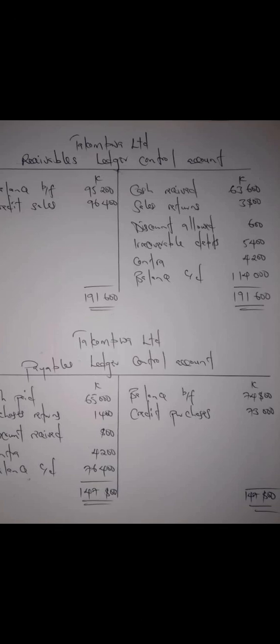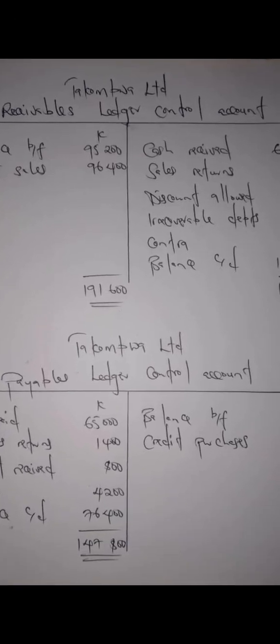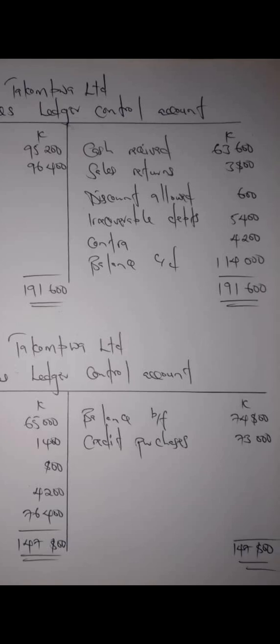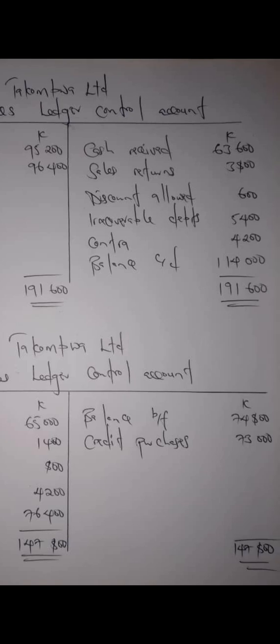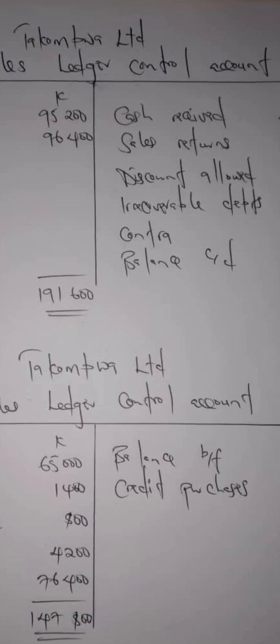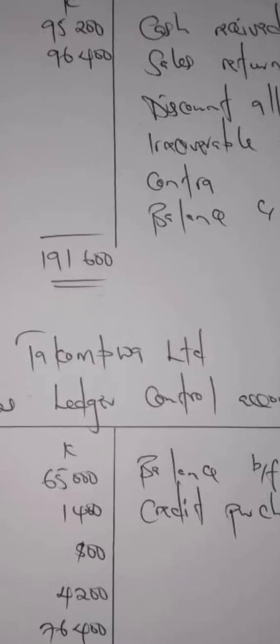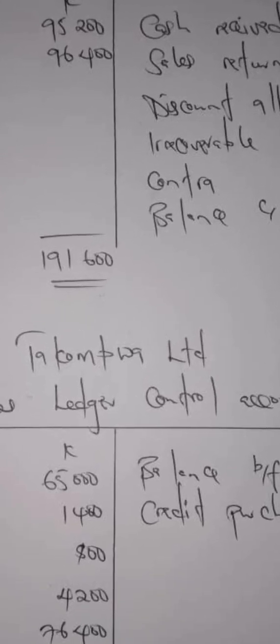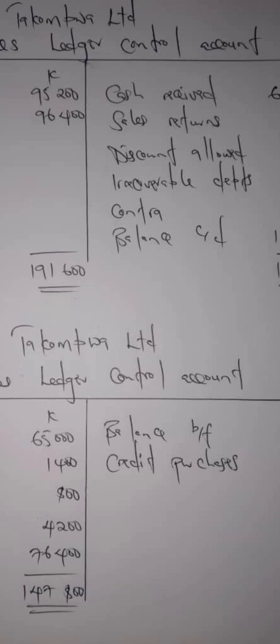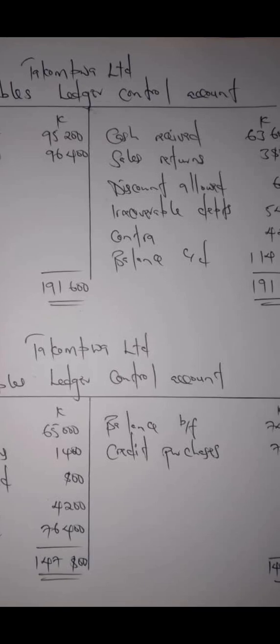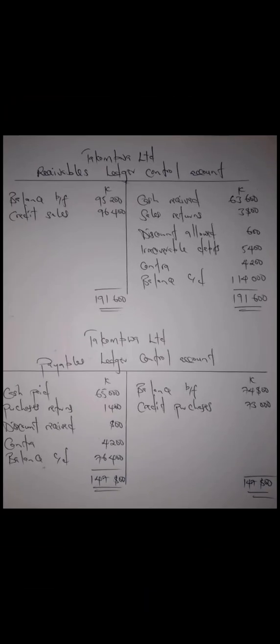We just add the debit side, because it's the one which has the bigger amounts than the credit side. We add these two and it gives us this figure, 191,600, as our balance on the debit side.